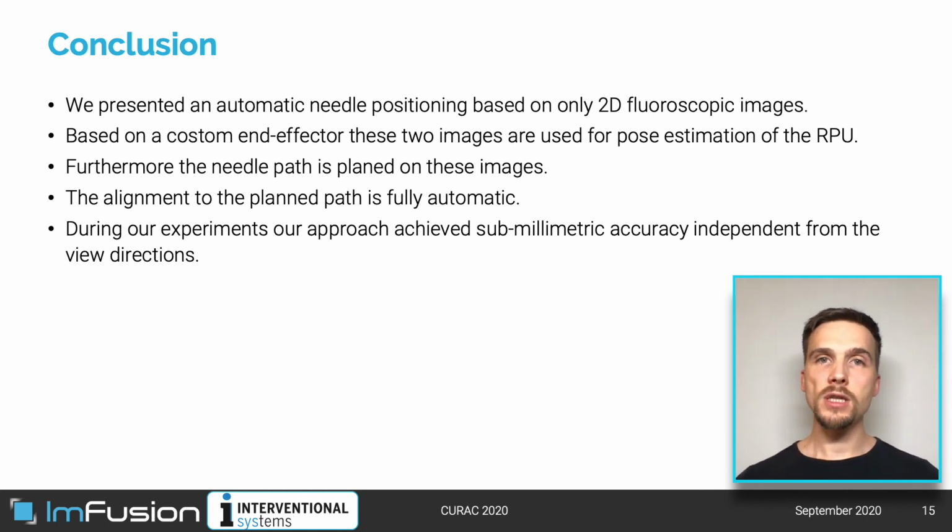And the very same images are used for planning the trajectory. The alignment of the robot, because of that transformation chain, can then be fully automatic. And within the experiments we conducted, we achieved sub-millimeter accuracy independent from the view directions on average.